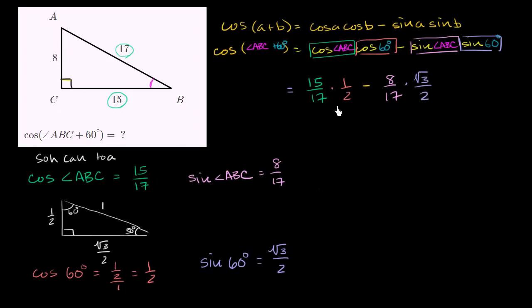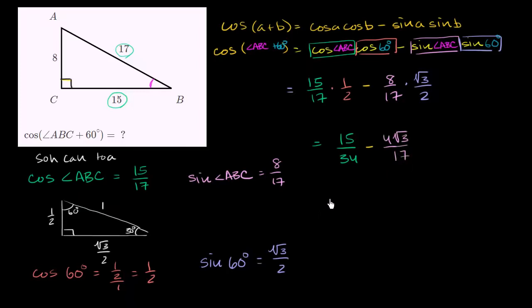And now we just have to simplify a little bit. So this is going to be equal to, if I multiply 1/2 times this, that's going to be 15 over 34, minus, and we're dividing by 2, so it's 4 square roots of 3 over 17.